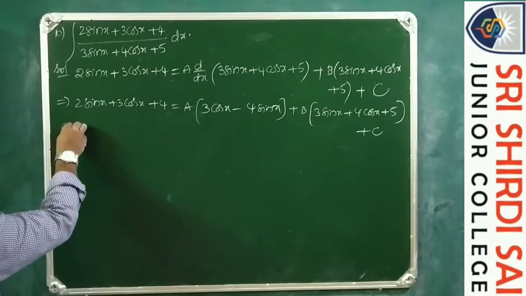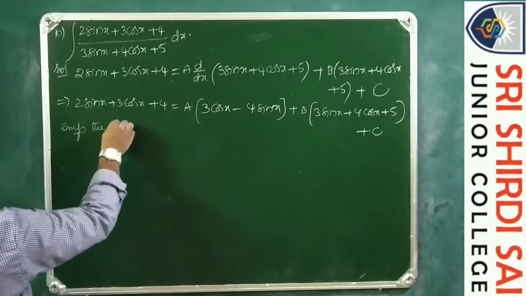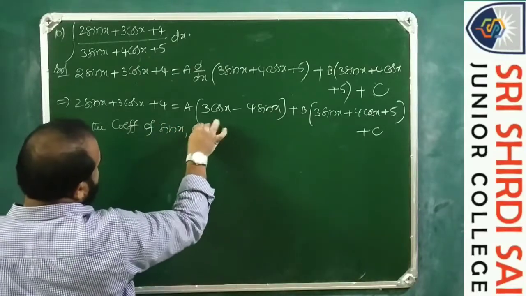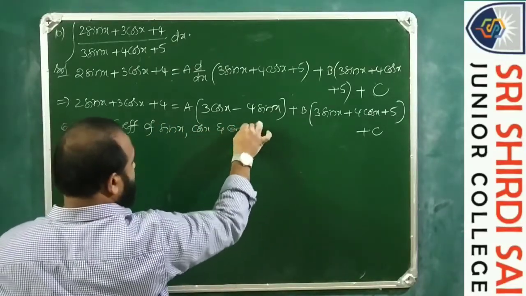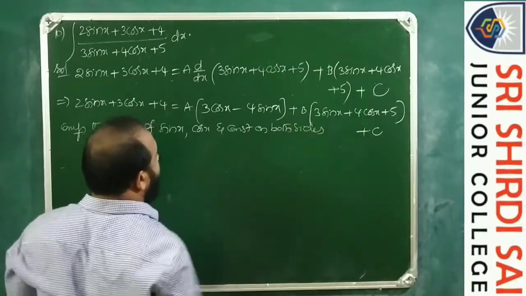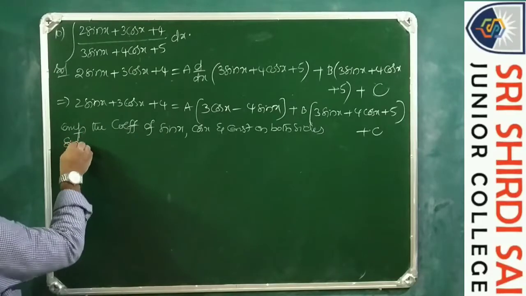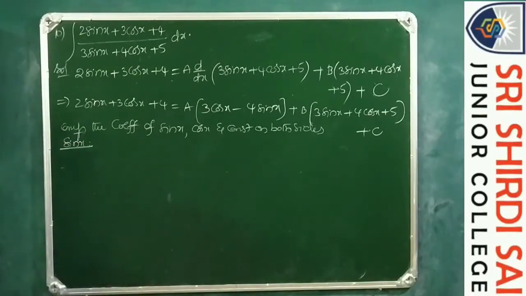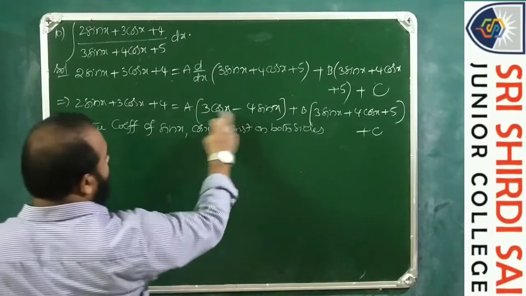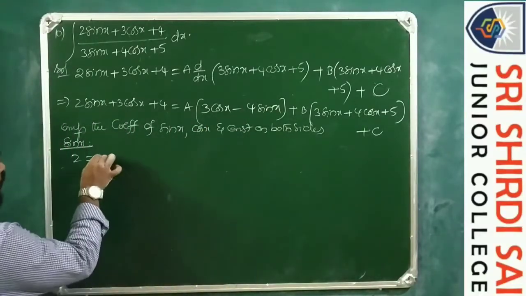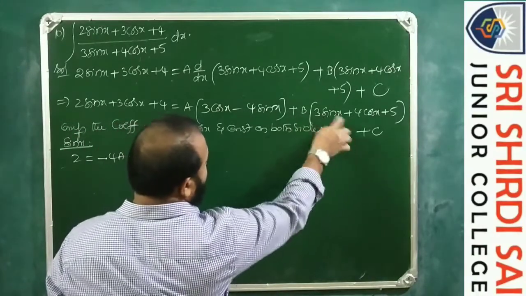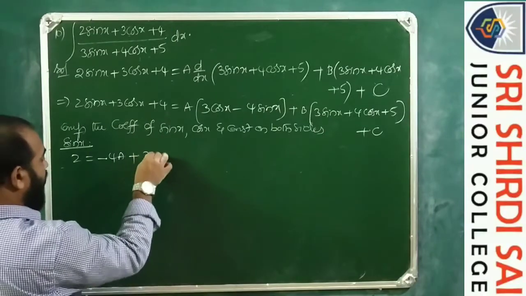Comparing the coefficients of sin x, cos x and the constants on both sides. First, let us compare the coefficient of sin x. So 2 is equal to minus 4A, since the sin x coefficient is minus 4A, plus 3B.